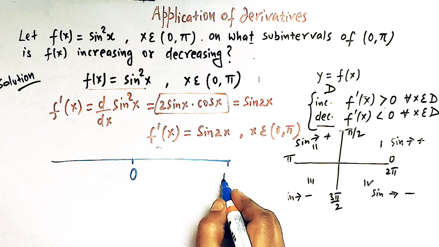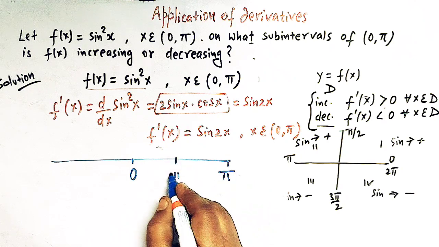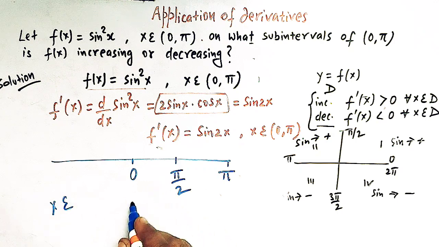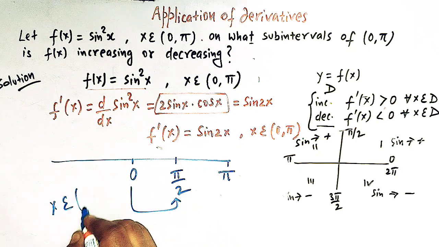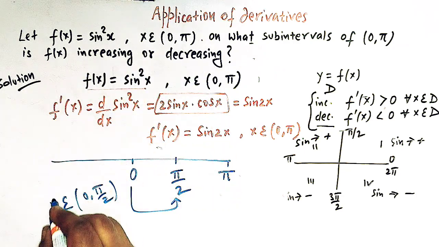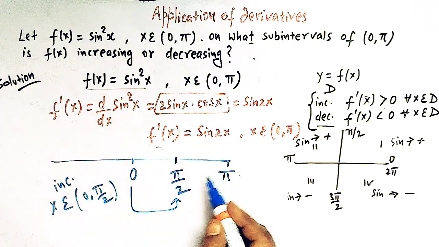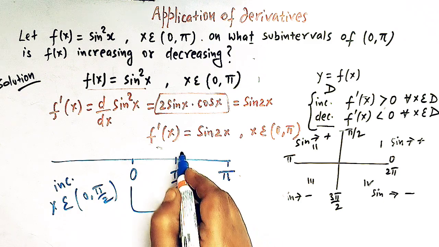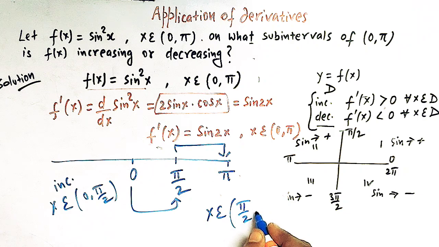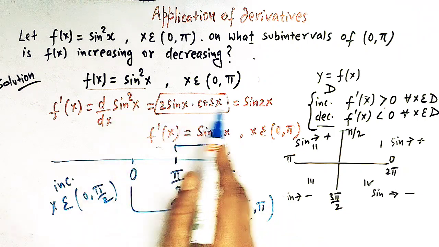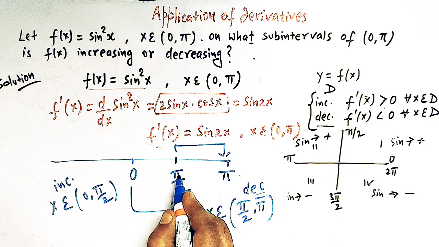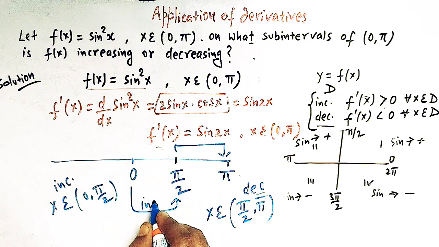So from this discussion, we have arrived at the conclusion that if we have here say 0, here we have pi, and here we have pi by 2, then when x belongs to this interval, from 0 to pi by 2, the function is said to be increasing.